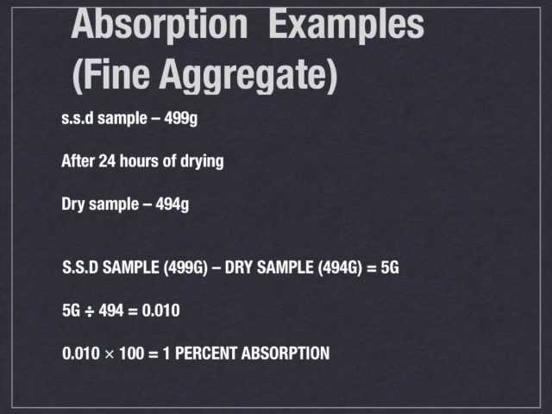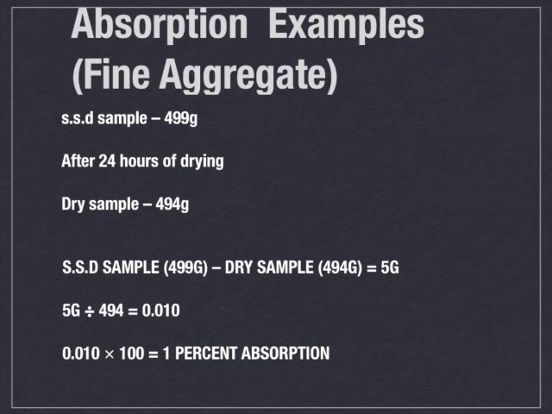Now let's take a look at absorption. Let's assume that we have a sample in the saturated surface dry condition of 499 grams. We're going to dry this sample for 24 hours, and after drying, the sample weighs 494 grams. Essentially, the calculation is the same.